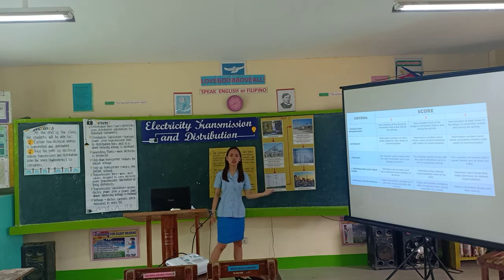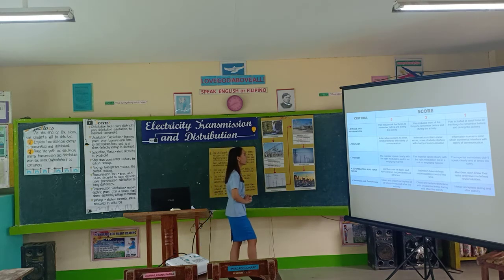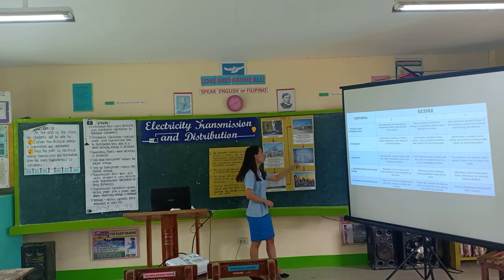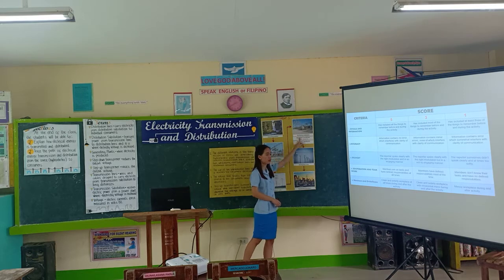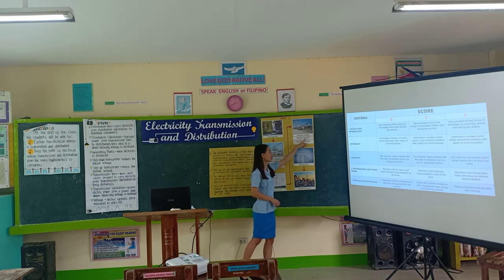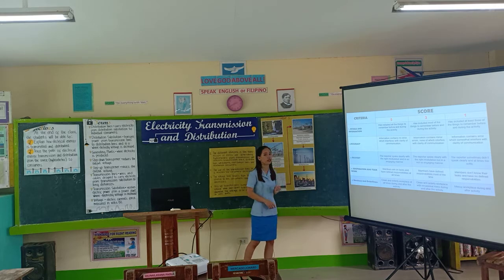What can we see here in this substation? We can see the two step-down transformers. The voltage carried by the transmission lines from the transmission substation to the distribution substation is reduced by the step-down transformer to a range of 2,400 to 19,920 volts.